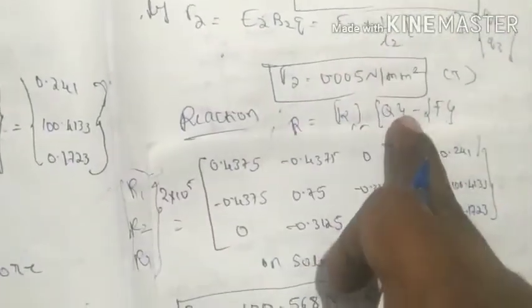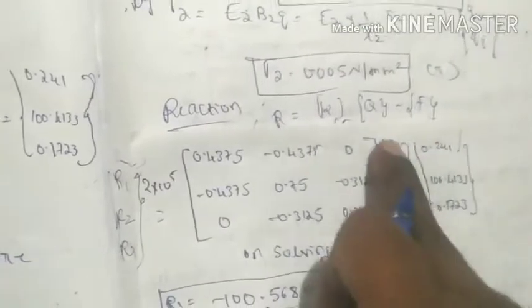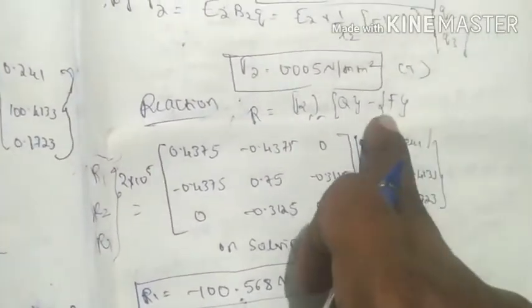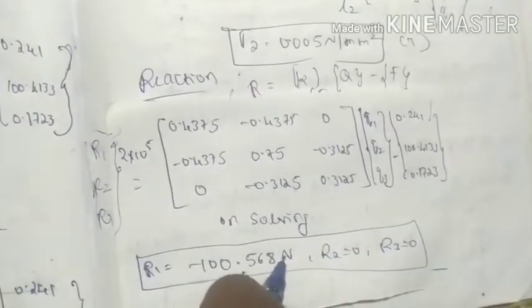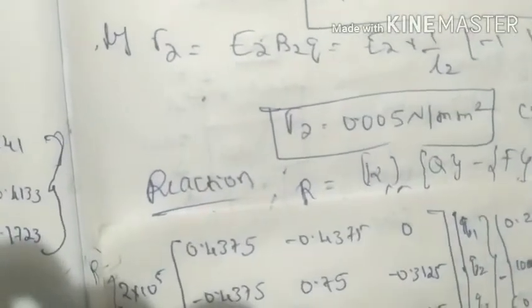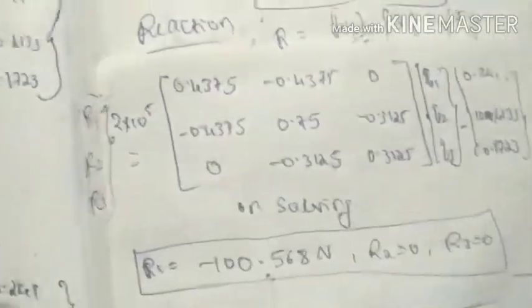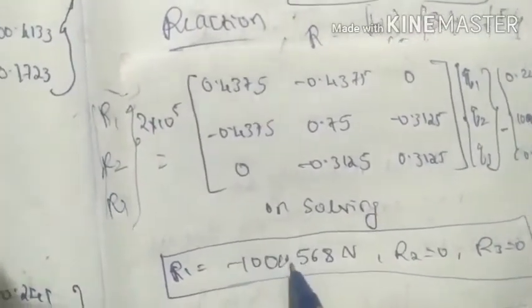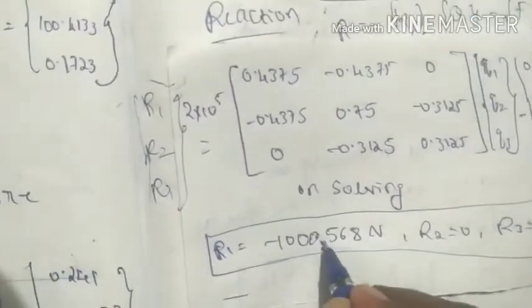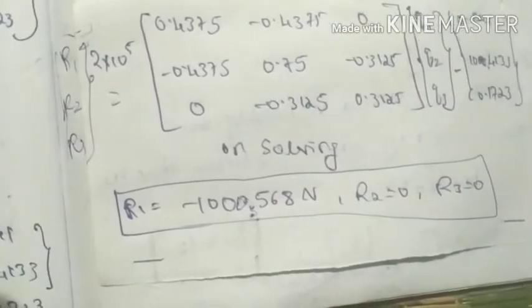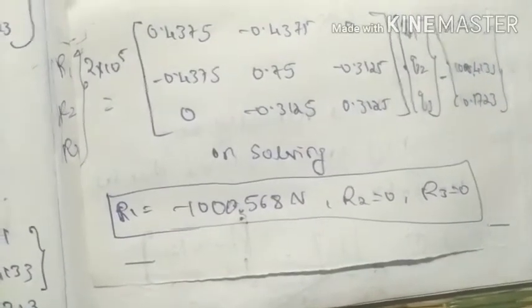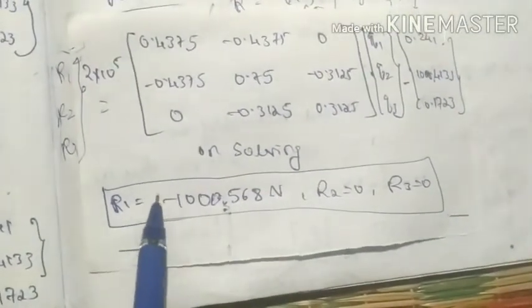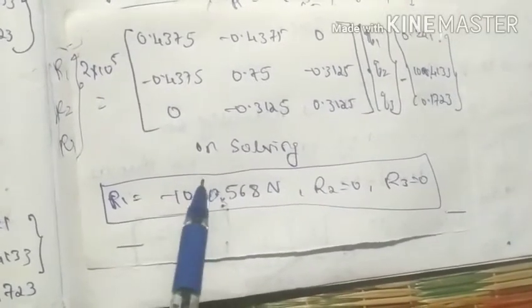K is this much, Q is Q1, Q2, Q3, and F. Substitute the values of Q1, Q2, Q3, and F is this much. I think it is not, so yeah, this is not 100, this is 1000.1. Okay, this also becomes, therefore finally we got reaction R1 is 1000.568 and R2 is 0 and R3 is 0. So reactions are induced only at the fixed support.